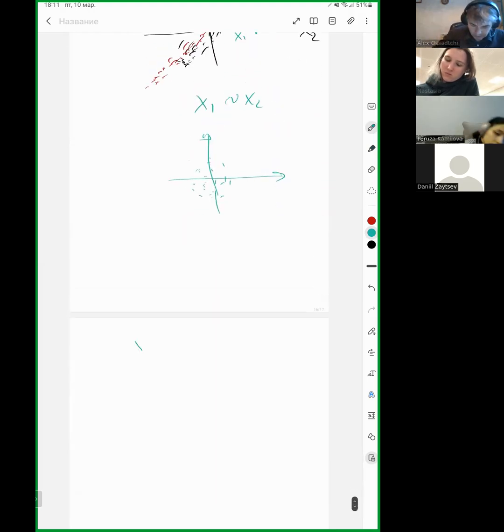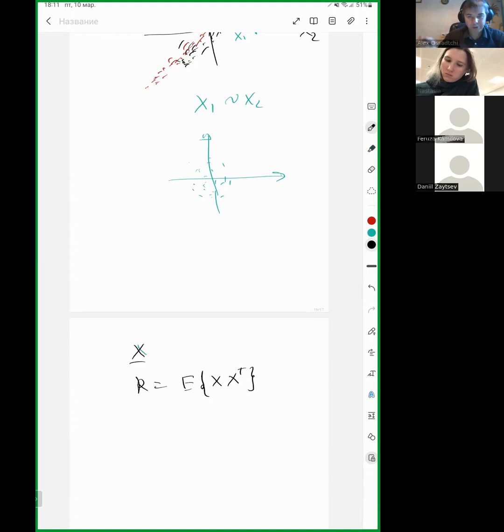Look, x is your random variable. The covariance matrix of x is the mathematical expectation of x times x transpose, where x is your vector.